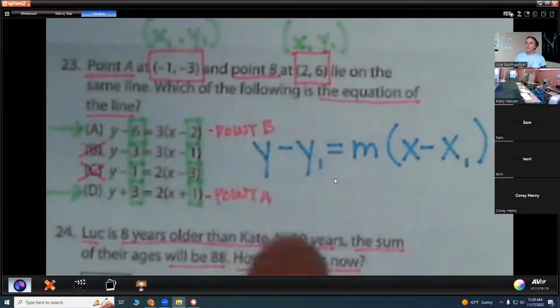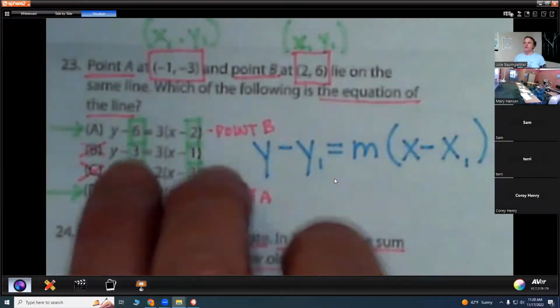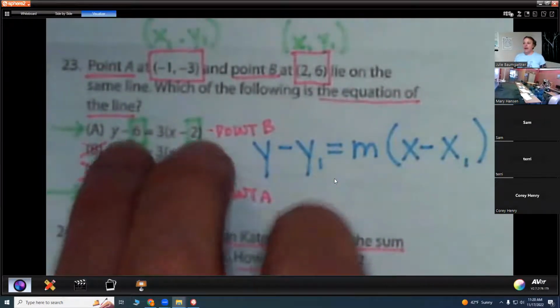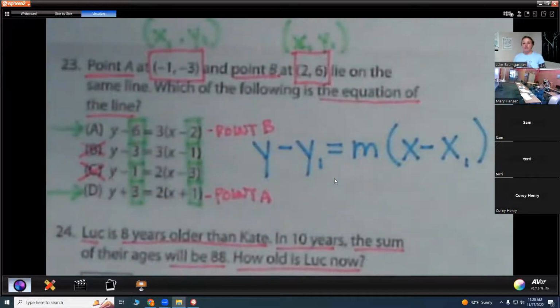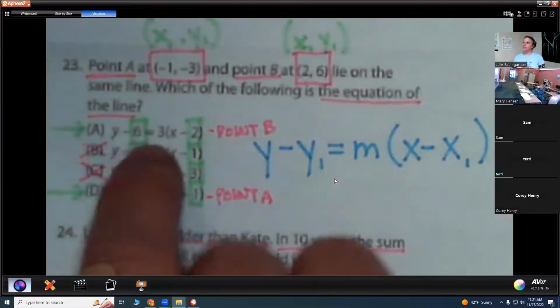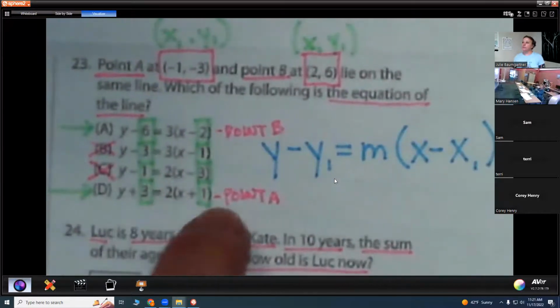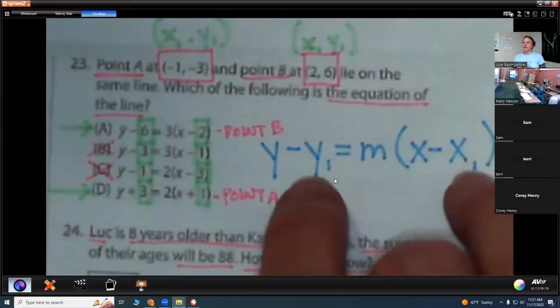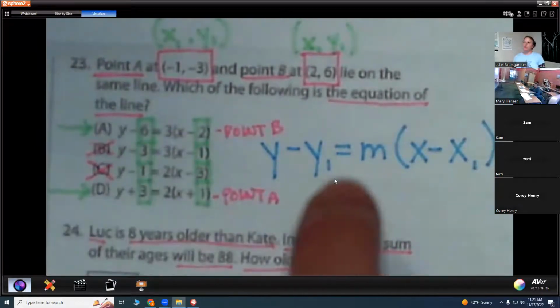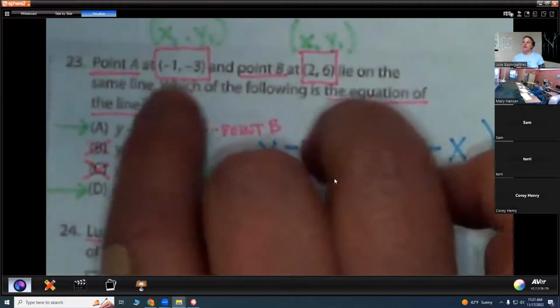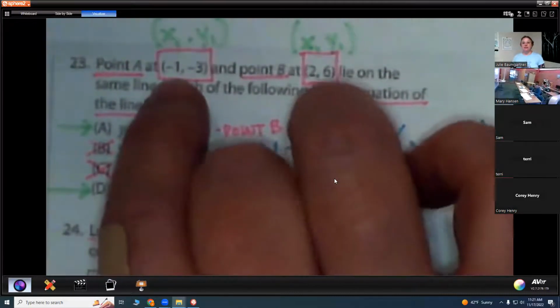So does that help, Adriana? So you don't see how A and D are possible answers here? You plug in point A, and then you have to plug in point B. Well, for the point slope form, we only need one of these 2 points.